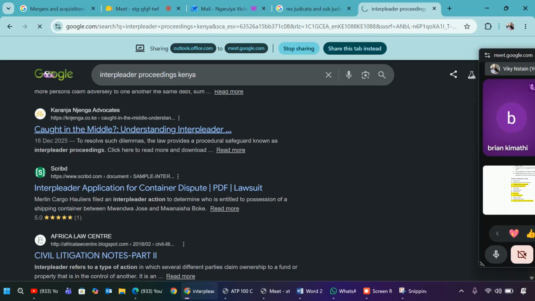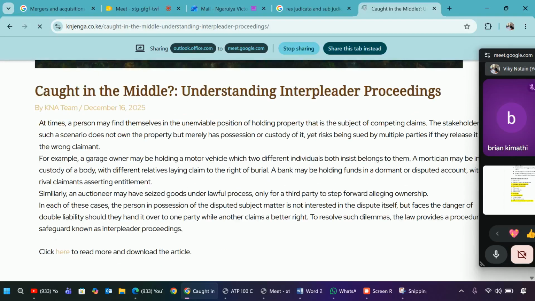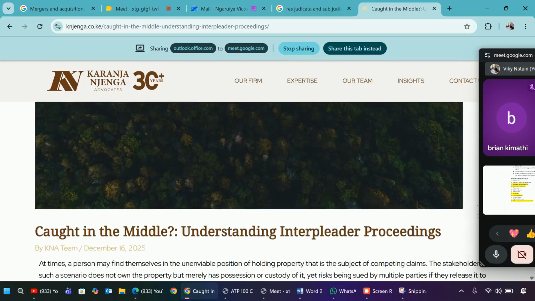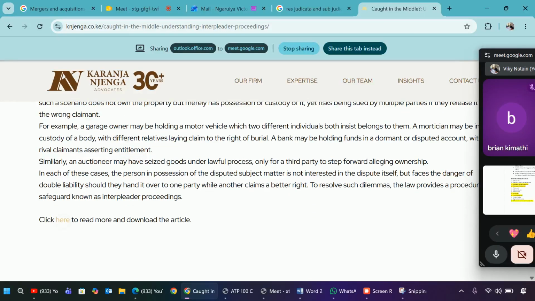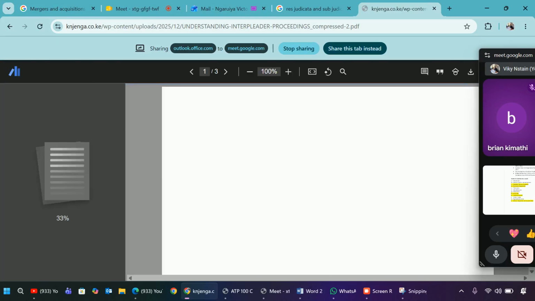Let us look at various interpretation of the same and how you will approach court in seeking for interpleader. Okay, let us see whether the articles will prove.